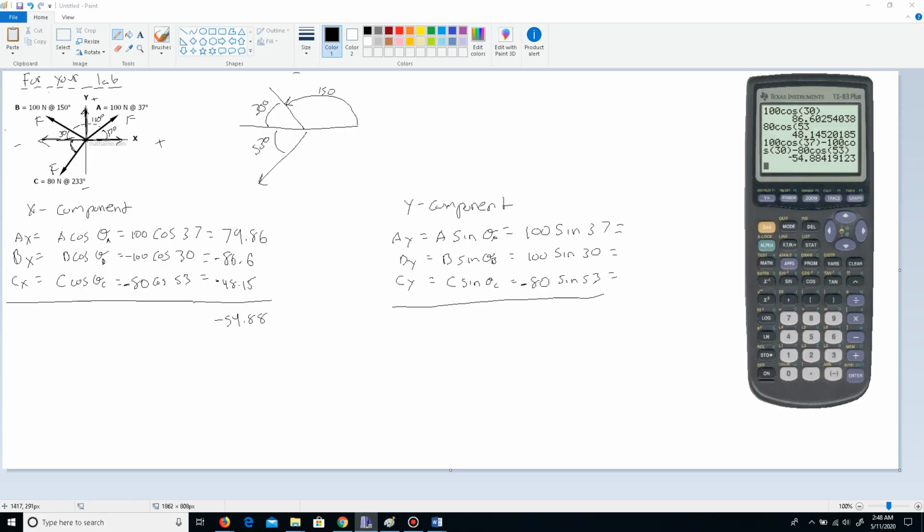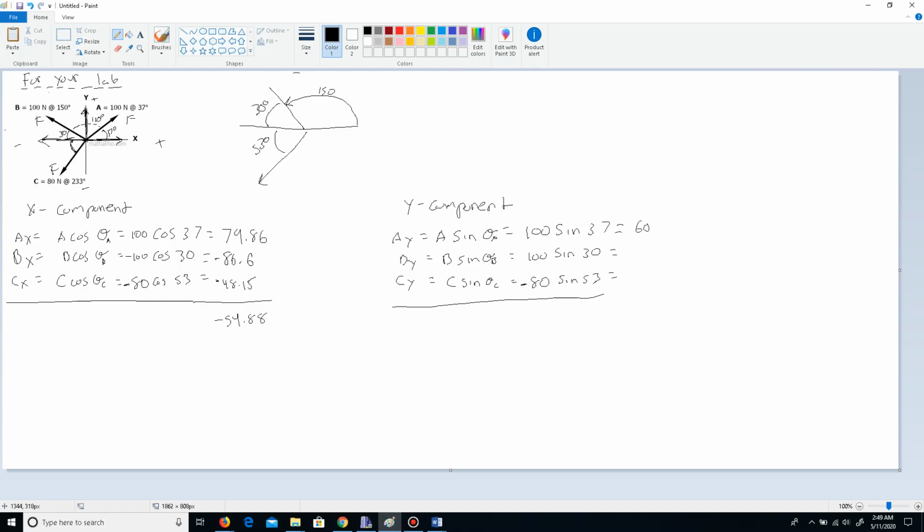This side, do the same thing. 100 sine 37. I'll write these all down at the same time. 100 sine 30. And then 80 sine 53. So 60.18, 50, and 63.9. This one will be negative.